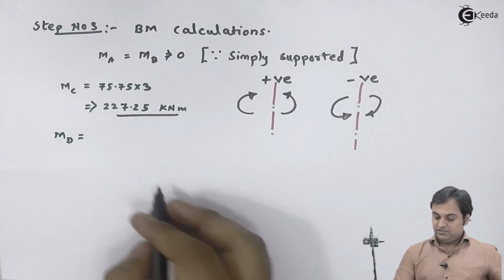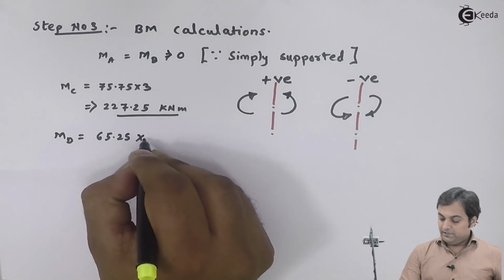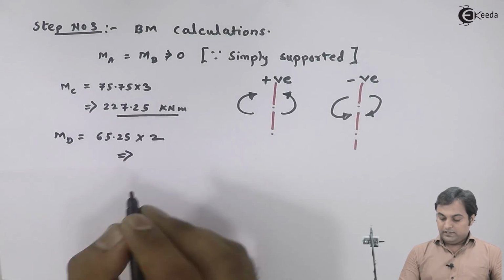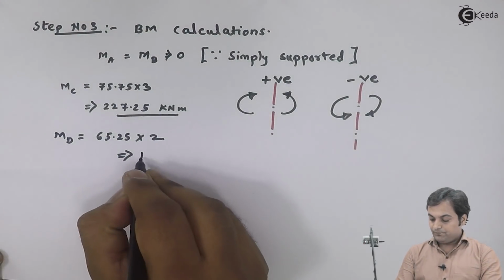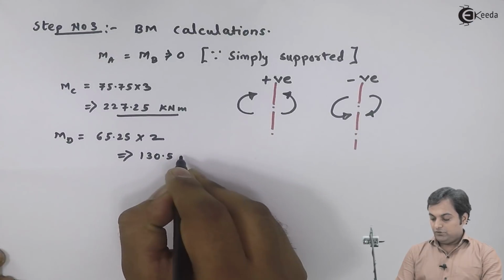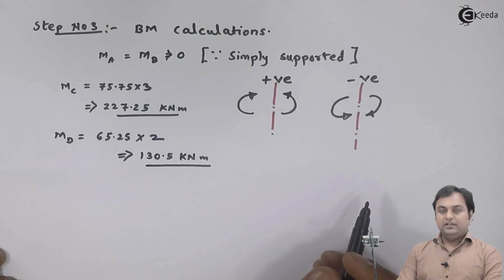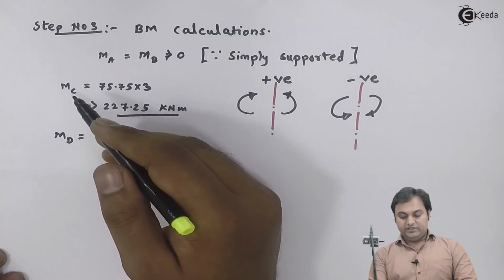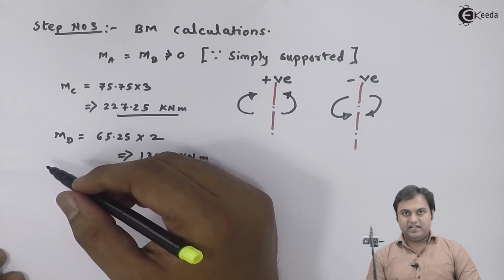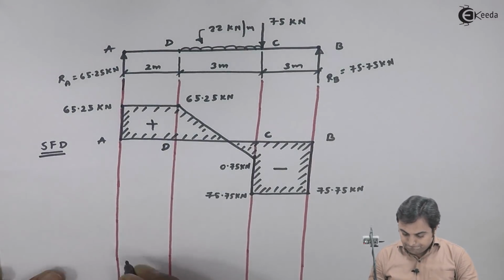So I have plus 65.25 multiplied by 2, and that value comes out to be 130.5 kilonewton meter. So these are the values which I am getting of moment at C and moment at D. Now with these values we can draw the bending moment diagram. So here we are drawing the bending moment diagram.